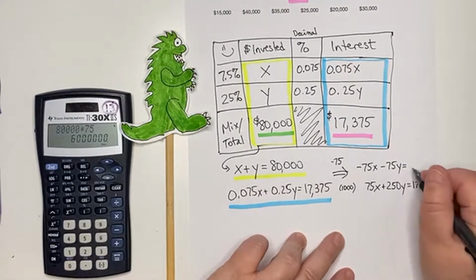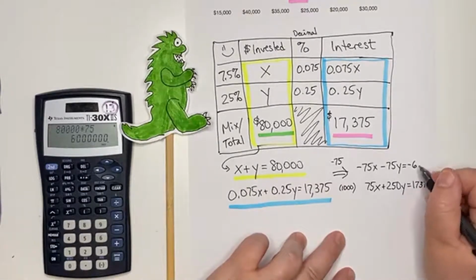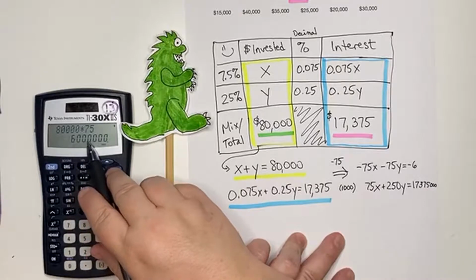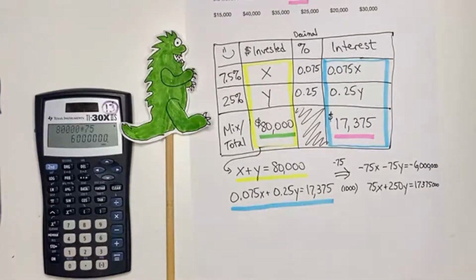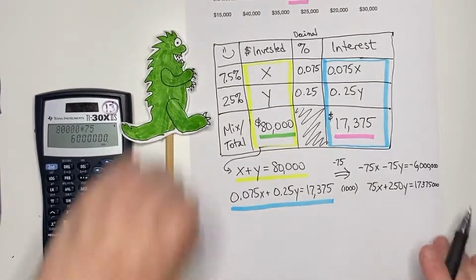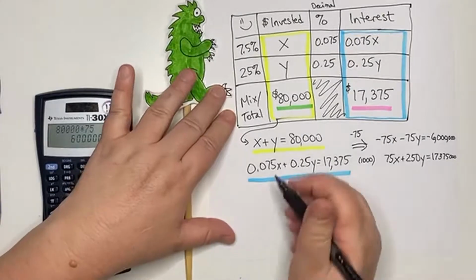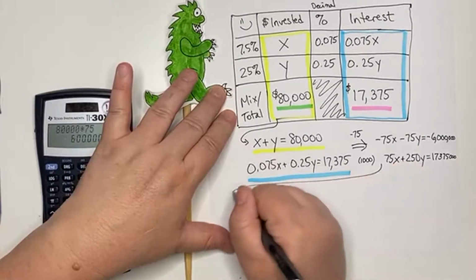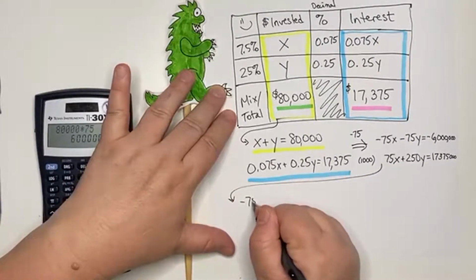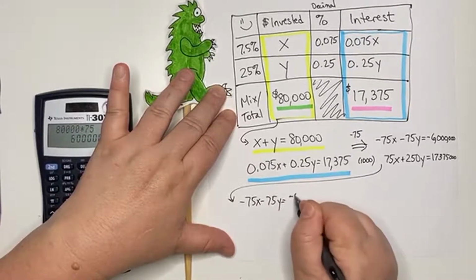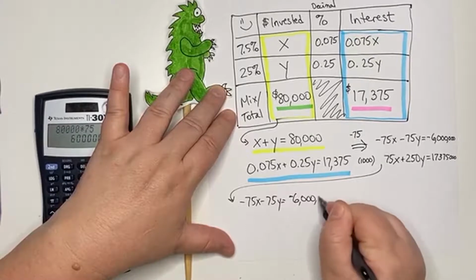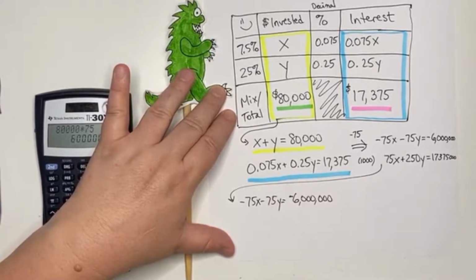And I get negative 6 with how many zeros? 1, 2, 3, 4, 5, 6. So that's 6 million. Because these numbers got way too small over here, let me write them again for you right here. So I've got negative 75x minus 75y equals negative 6 followed by 3 zeros and then 3 more, 6 zeros altogether.